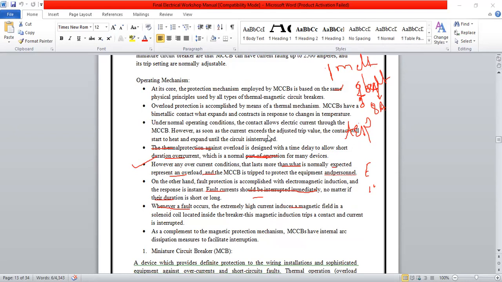In case of that machine or motor, when any fault occurs, suppose a winding fault, sometimes a rotor winding short circuit fault, sometimes a stator fault, or sometimes a line to line fault.